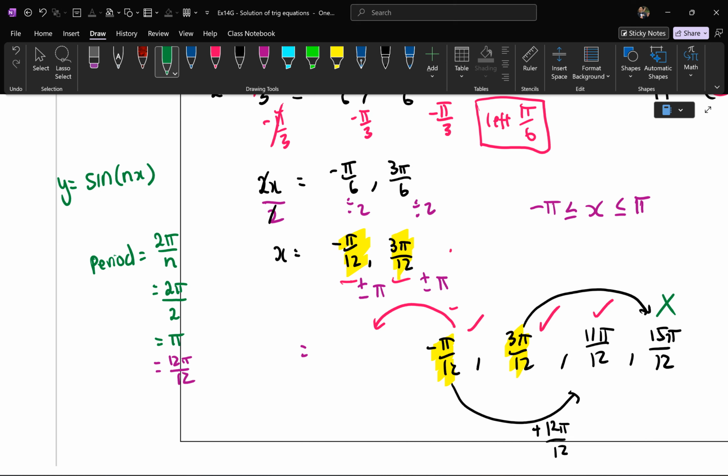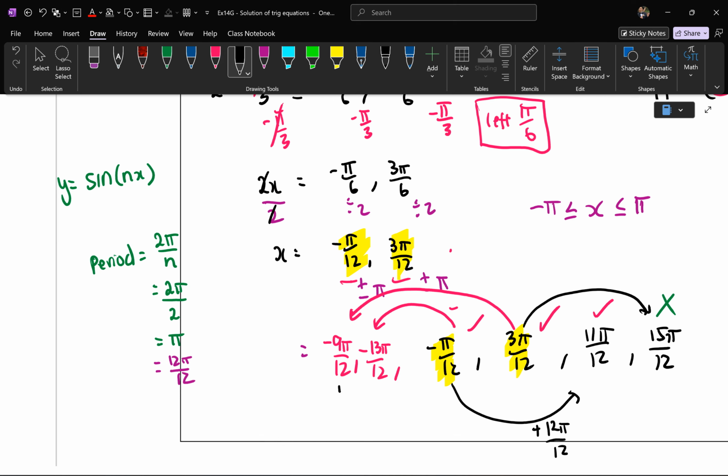-1 take away 12 gives you -13 pi on 12. And then this one, 3 take away 12 gives you -9 pi on 12. Here's your extra 2. Which one can you include? Which one's still within the domain?